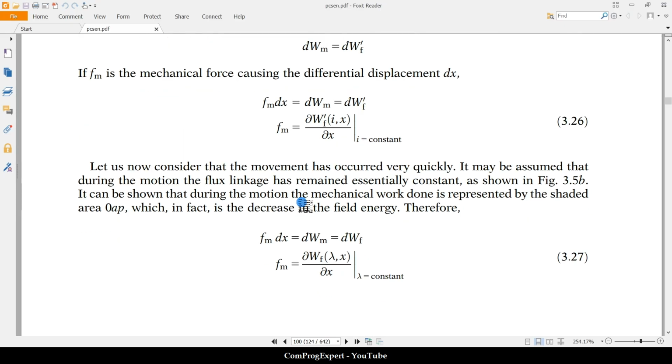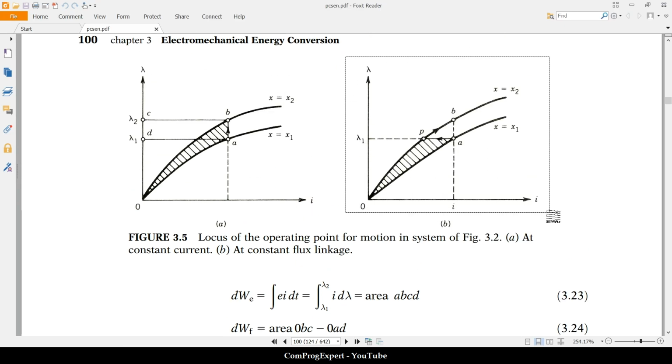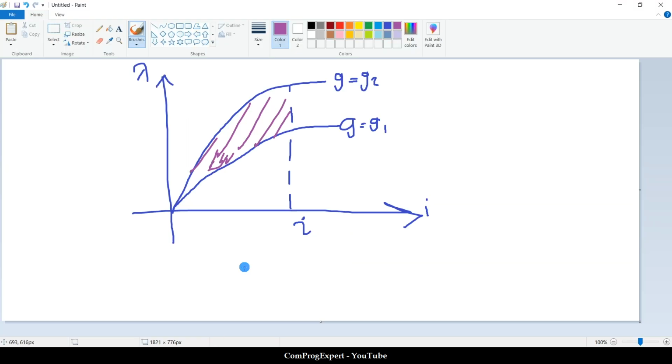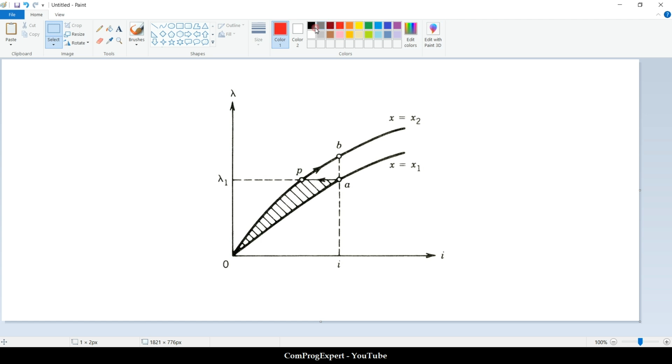And we can consider another trajectory, another case. Suppose the movement occurs very fast, in such a way that during the movement we don't have any change in the value of the flux linkage. This trajectory, right? So when the movement occurs very fast, the flux remains constant.